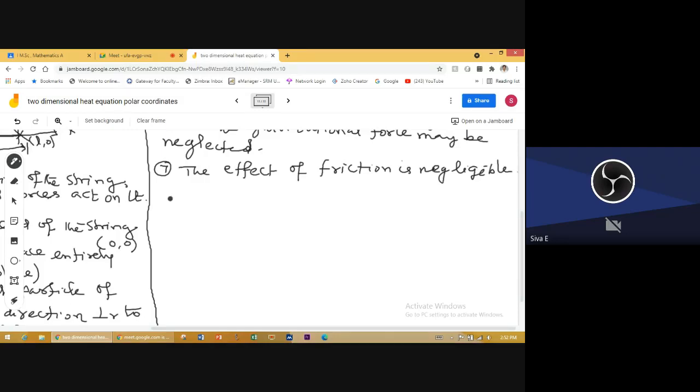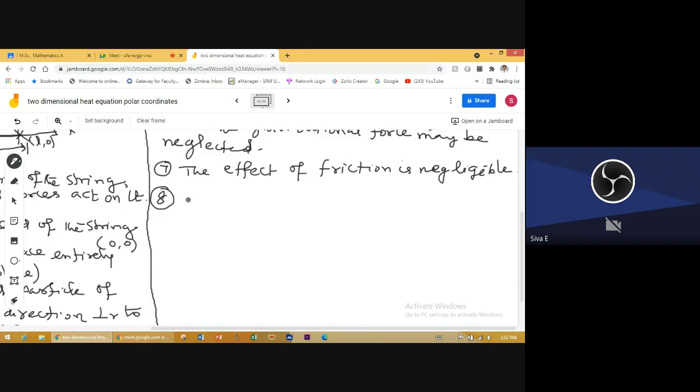What is meant by friction? Friction in the air is very less, so we can approximately neglect the friction when you derive the one-dimensional wave equation.